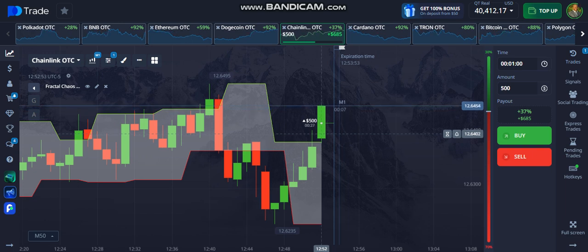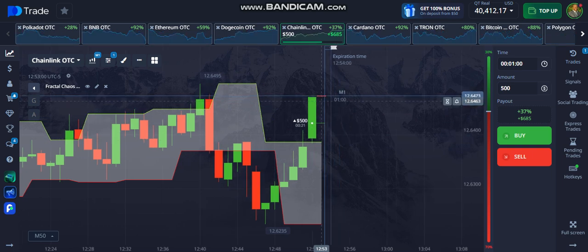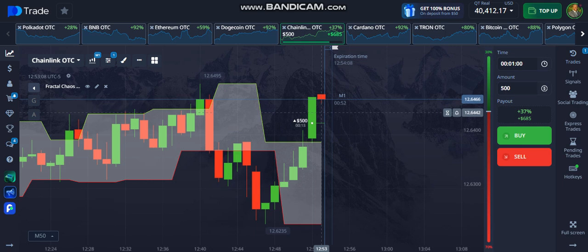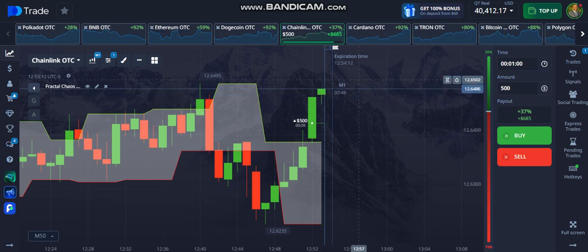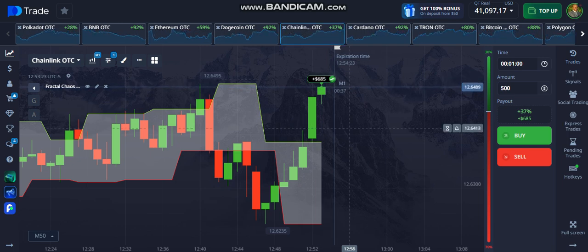And even though the candle hasn't closed yet, I didn't wait for the candle to close because I noticed a strong move. Okay, so now the candle closed, but I already took the trade, and so I believe the price will continue to push upward over the next 60 seconds of the trade here. All right. Okay, so we won that trade. All right, so let me pause the video and look for the next setup.